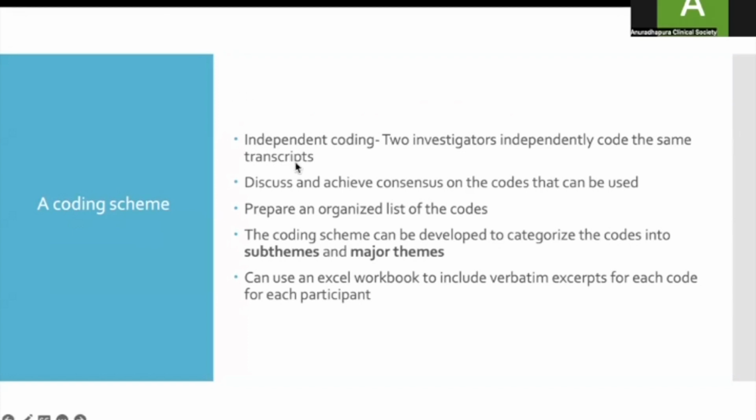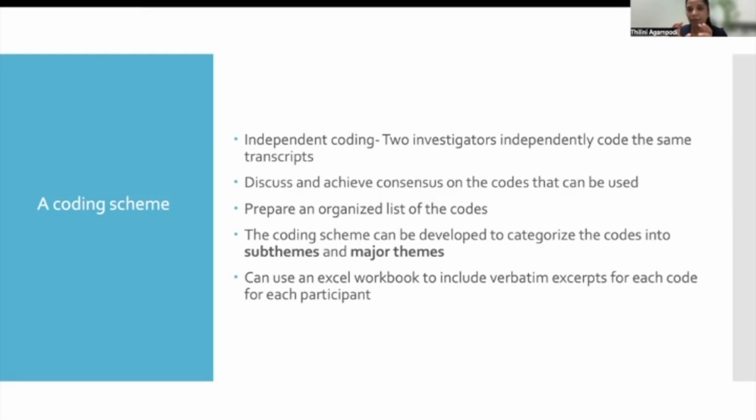So in the process, now, because you have to write the proposal, you have to know the techniques. What we do is, first two investigators who are able to analyze data will independently code the same transcripts. We do not share first. We independently code the transcript, and we then get together and compare our codes, and then come to a consensus.